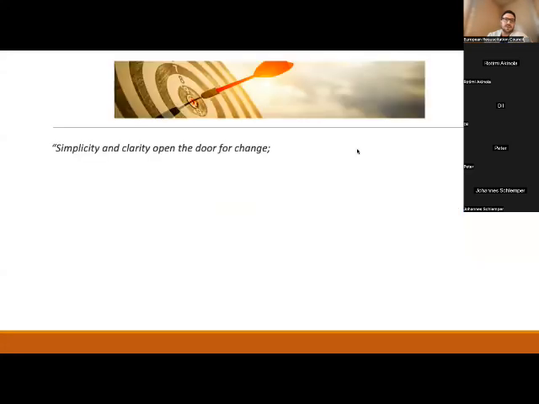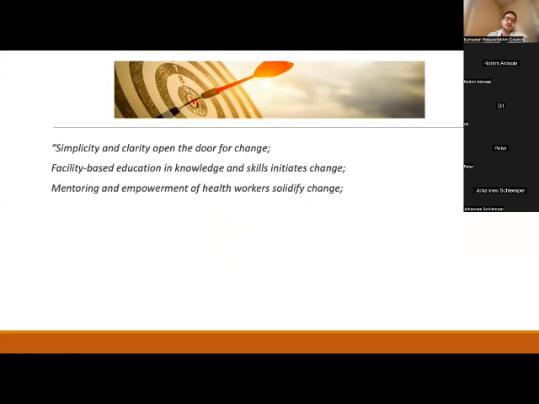And this is something I really liked. This is from the Helping Babies Breathe program. They say that simplicity and clarity open the door for change. Facility-based education in knowledge and skills initiates change. Mentoring and empowerment of health workers solidify change.